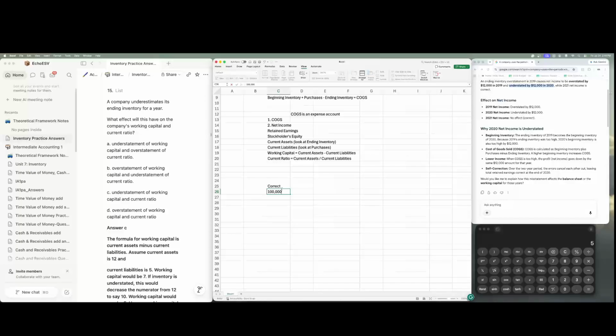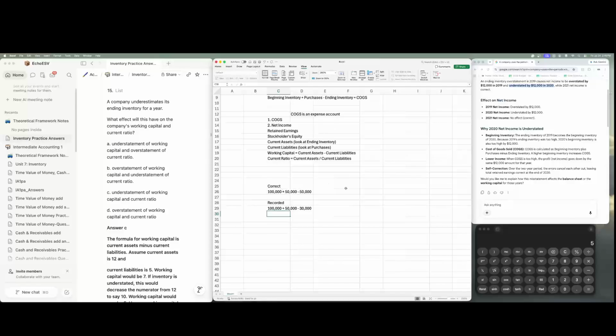So the beginning inventory of 100,000, purchases 50,000. If it was correct, let's say it was 50,000, but what was actually reported, underestimates its ending inventory, so they understated it. Let's say they reported it at 30,000.